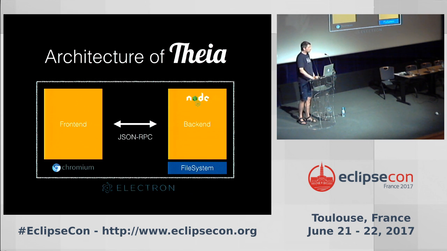For the Electron version, we just start the back end locally, more or less, and currently also have just the standard WebSocket communication between the Chromium front-end window and the Node.js back end there. So it's really the same thing. But what we do here is we again use dependency injection, in case you have seen Xtext or have had contact with Xtext.